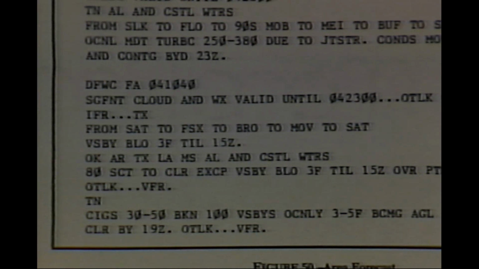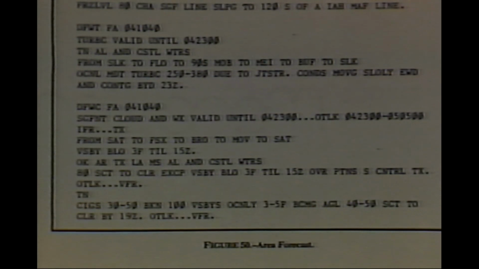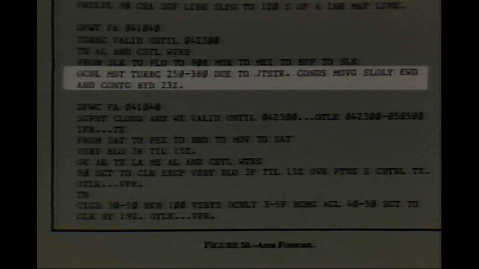In this example, the area forecast is good until 2300 Zulu on the 4th of the month. The turbulence section forecasts occasional moderate turbulence from flight level 250 to flight level 380 due to the jet stream. Turbulence conditions will be moving slowly eastward and continuing beyond 2300 Zulu.